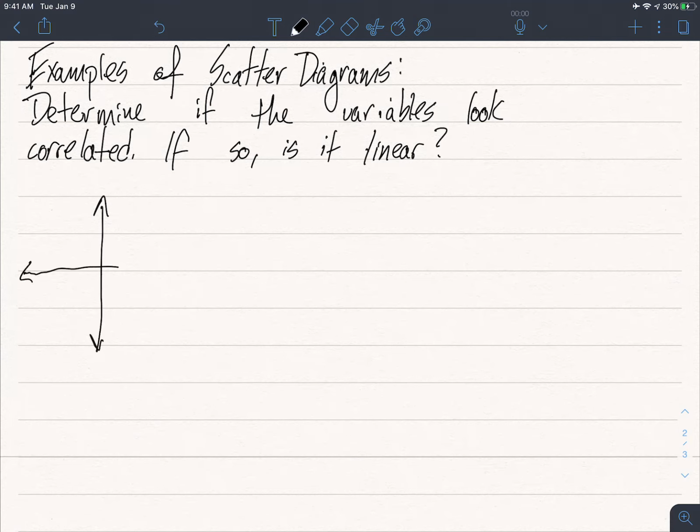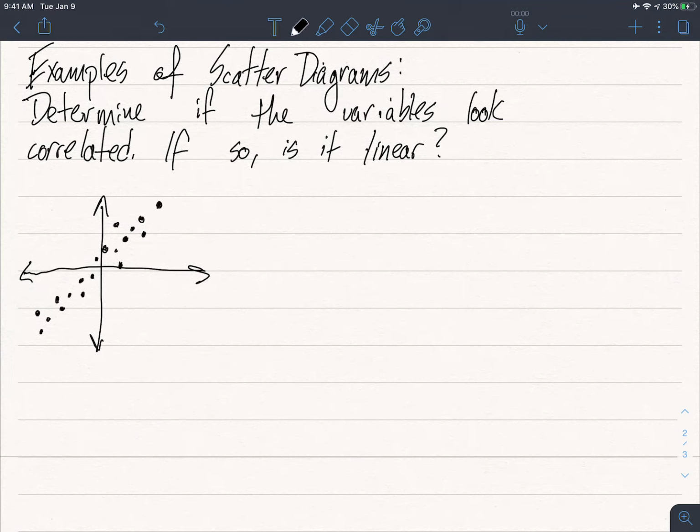And I'm just going to come up with some rough pictures because that's what the book does. But let's say here's my scatter diagram. Here are my points, just plotting kind of randomly. There we go.